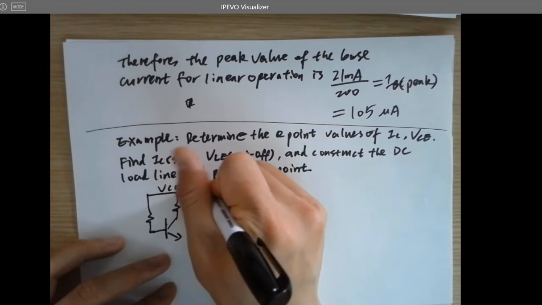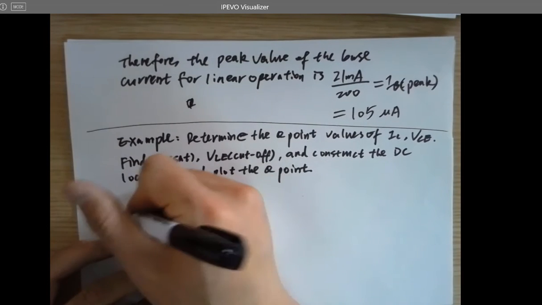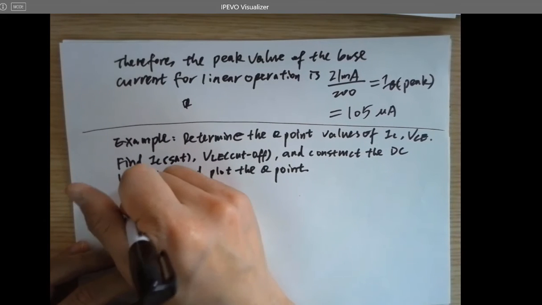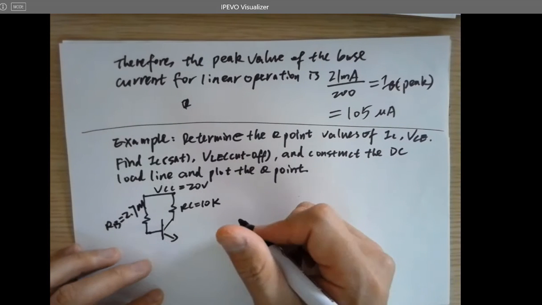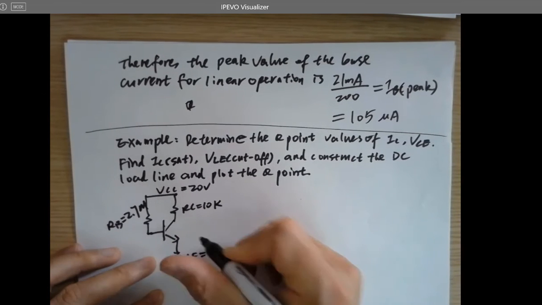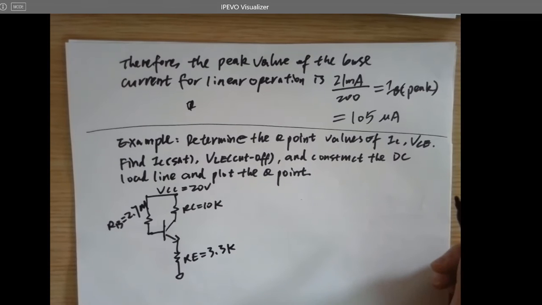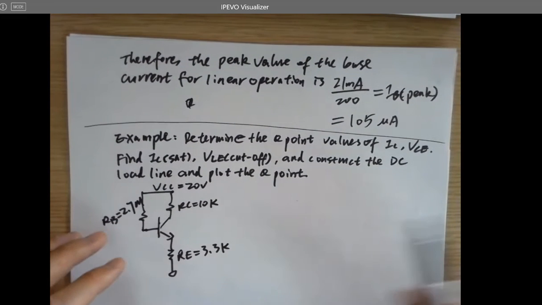VCC is 20 volts. RB is pretty big, 2.7 megaohms. And RE is 3.3K. So here's the only difference: you got a little RE here.